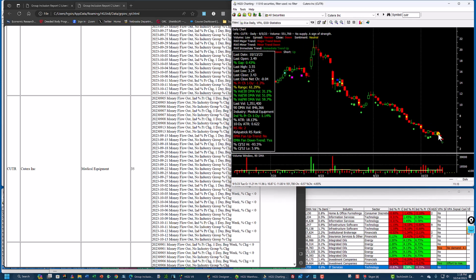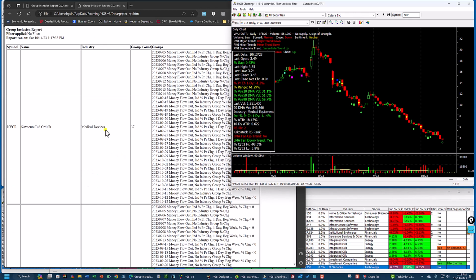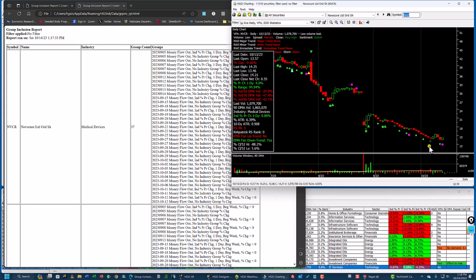So it was flowing out of here, going back, clear back to the 5th of September, the 6th, 7th, 8th. You can see that. Now let's go back up here. Let's look at NVCR. Look at this. This was flowing out on the 5th, which is right here, and it just didn't stop.